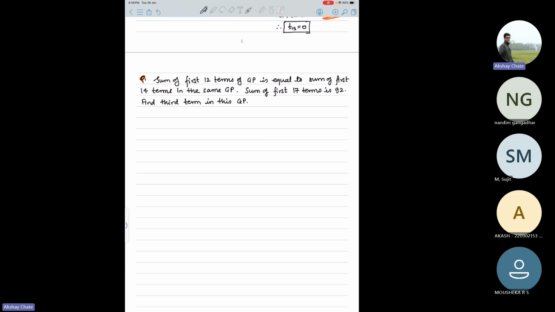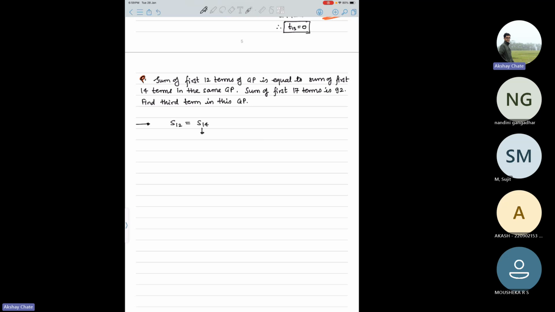Let's use the first statement. It says the sum of the first 12 terms of the GP is equal to the sum of the first 14 terms, so S12 is equal to S14. That's the counterintuitive thing, right?